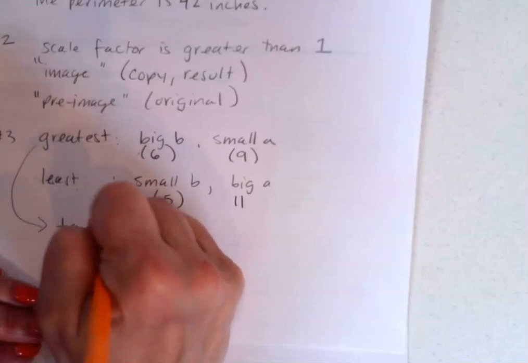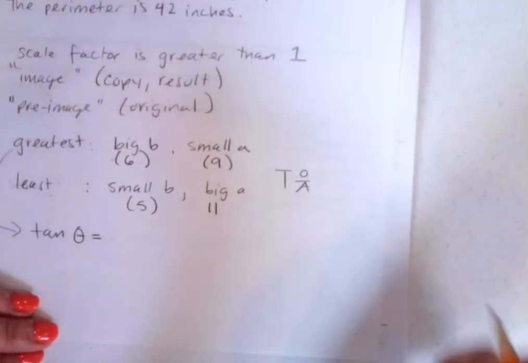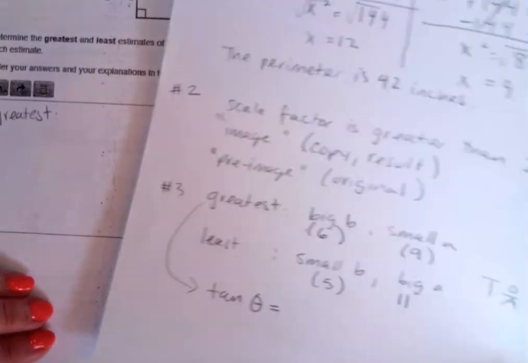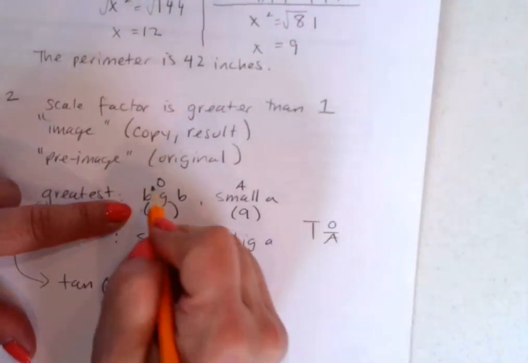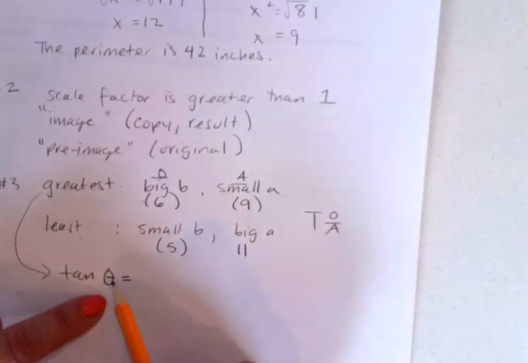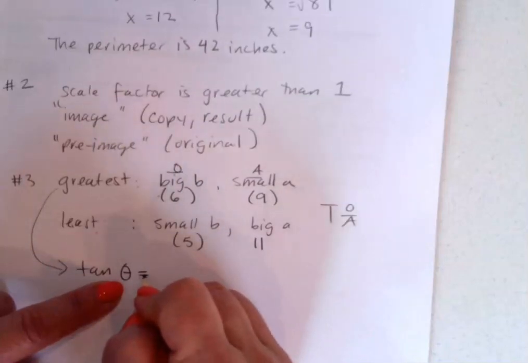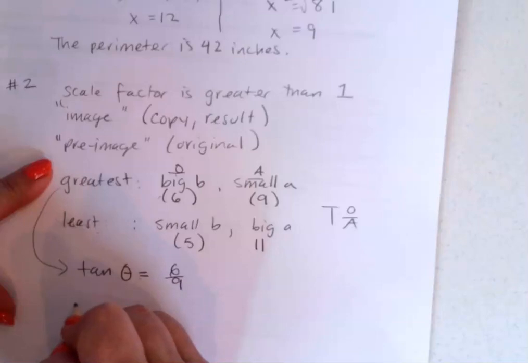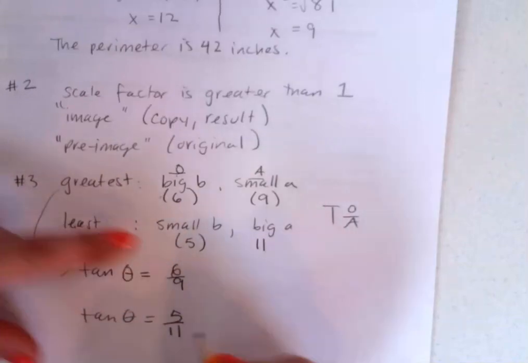Tangent theta is equal to, remember, TOA, opposite over adjacent. The opposite side is the B, this is O, and the adjacent side is the A. So for the greatest angle theta, we're going to have tan theta equals 6 over 9. And for the least, tan theta equals 5 over 11.